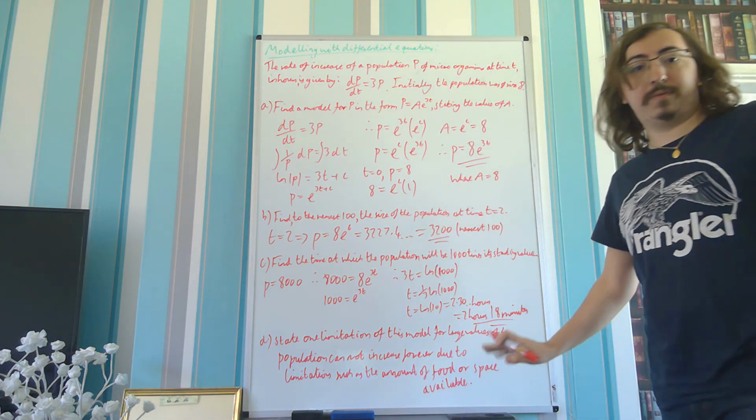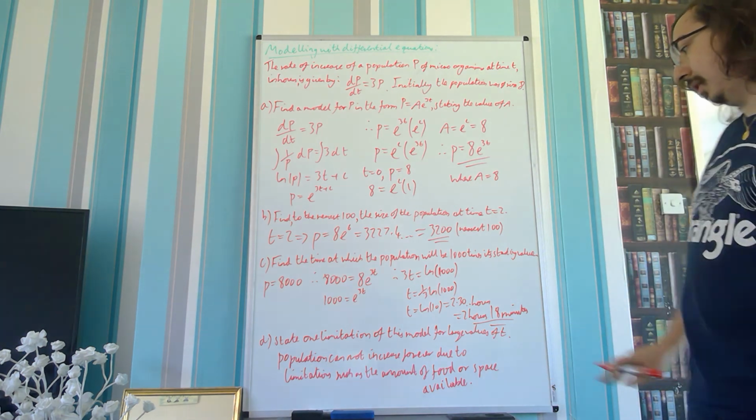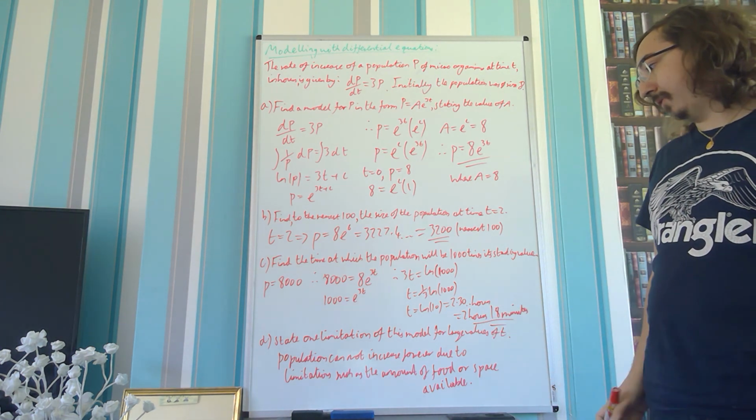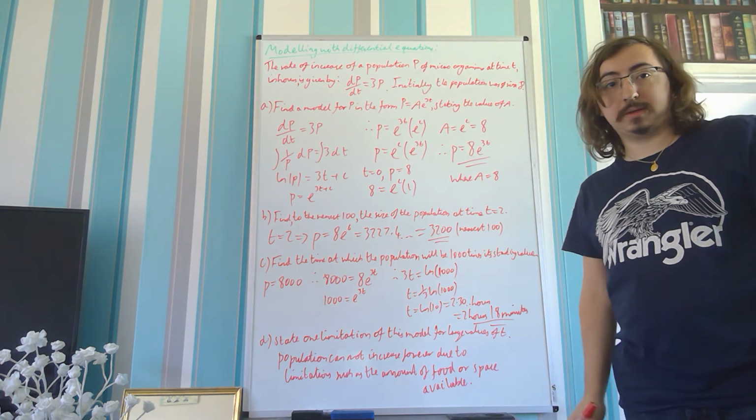Something like that would be fine, and they'd be quite happy. Even if you just mention that it's the amount of food that's the limitation or the amount of space, that would be fine.